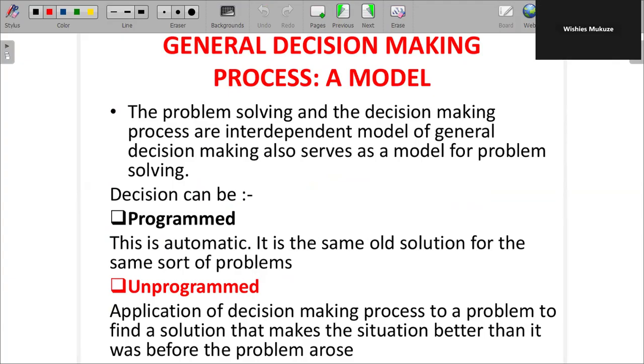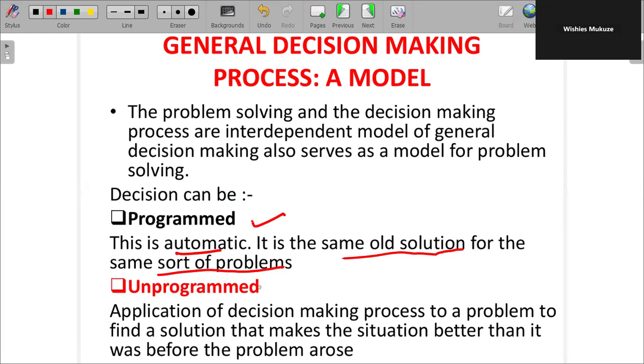So decisions can be programmed, so it might be automatic, whereby there is a same old solution for the same sort of problem. Sometimes we have a problem, but we normally have a solution to that problem.